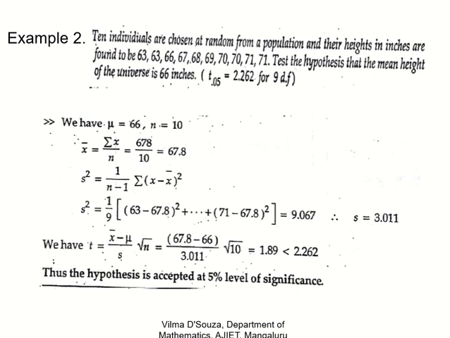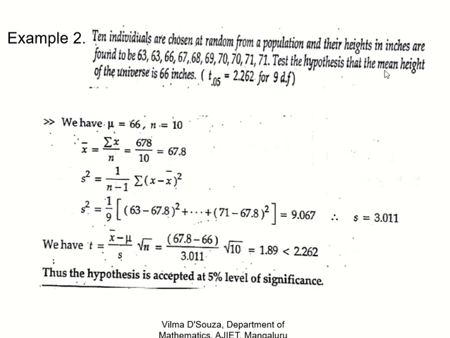Okay, consider one more problem. 10 individuals are chosen at random from a population and their heights in inches are found to be 63, 63, 66, 67, 68, 69, 70, 70, 71, 71.